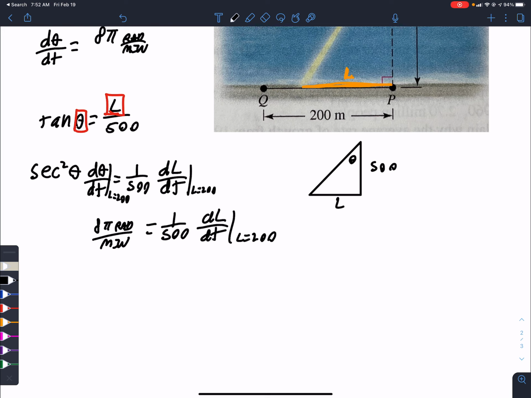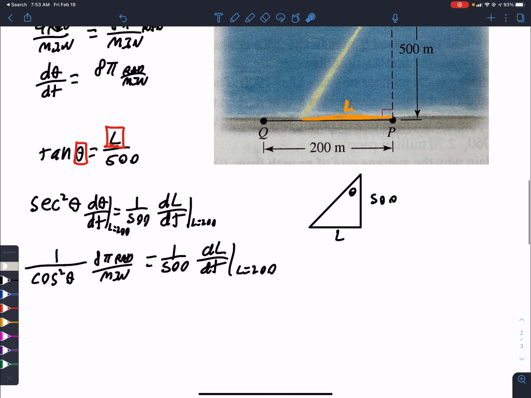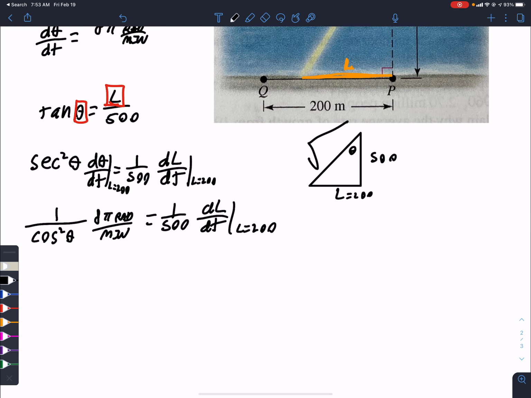Now, secant squared theta, I'm going to change it again to 1 over cos squared theta. So I need the cosine of this angle, which is adjacent over hypotenuse. Okay, at what point? This one's a little easier. Do we know L? When L is 200. So we're going to get an L of 200, and that's going to make the hypotenuse square root of 200 squared plus 500 squared.